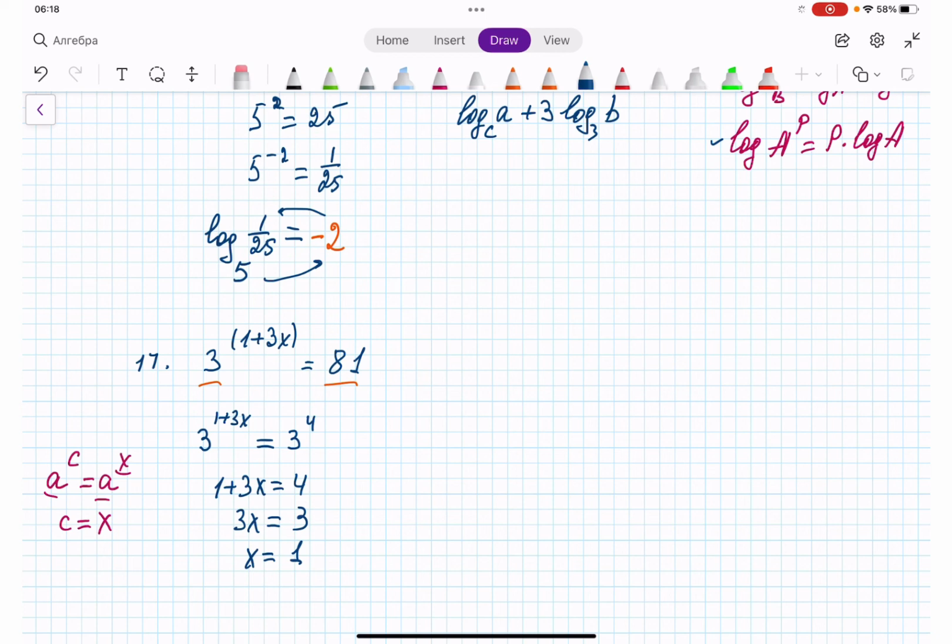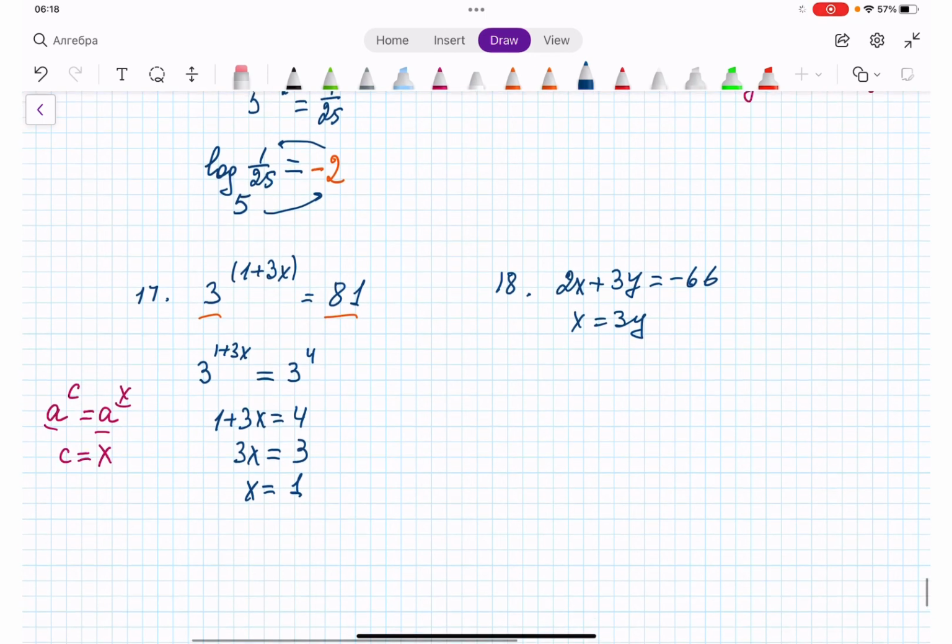Okay? And the last question, we need to solve a system of equations by the method of substitution. So we have 2x plus 3y is equal to negative 66, and x is equal to 3y.